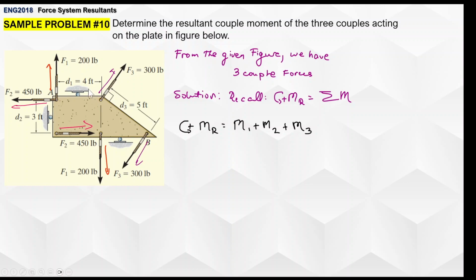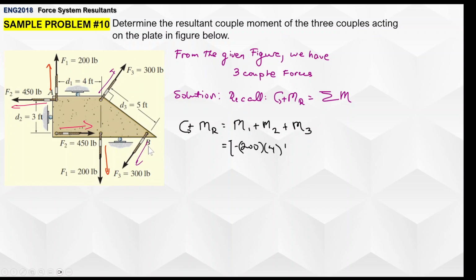Then with moment 2, we have 450 counterclockwise, so that's positive 450 times 3, and then moment 3, even if it's at an angle, that's okay. That's going to be clockwise, so minus 300 times 5.